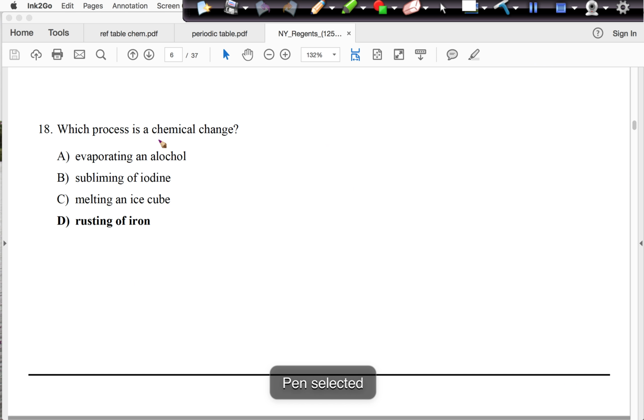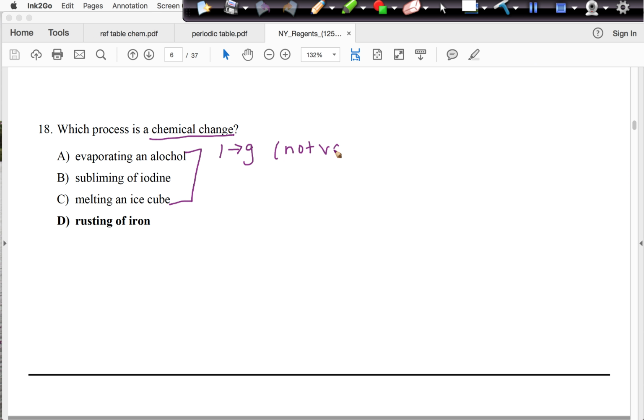For a chemical change, you must change which substance you have. Evaporating, subliming, and melting are all phase changes. Phase changes are always physical. Evaporating is going to take the liquid and put it to gas. Remember, this is different from vaporization.